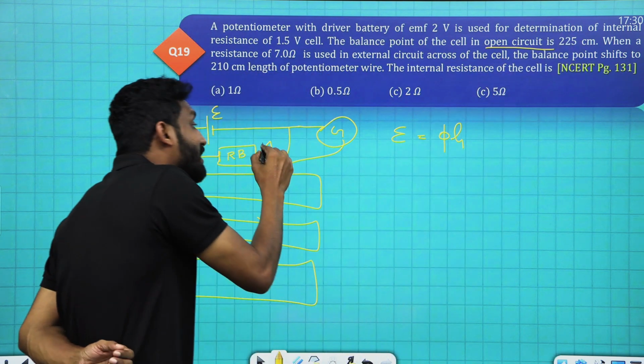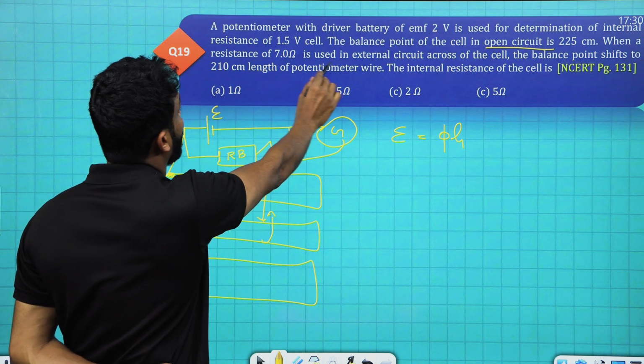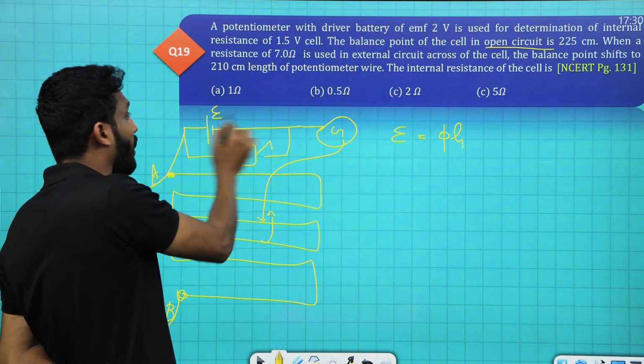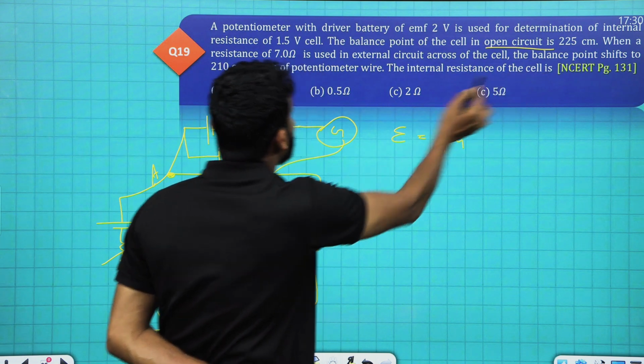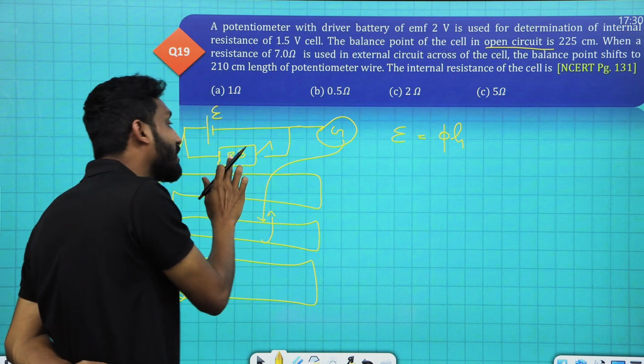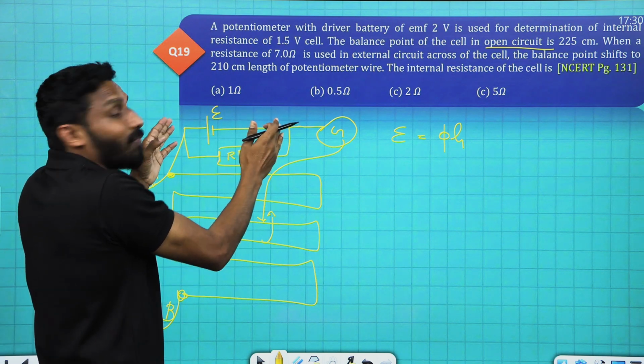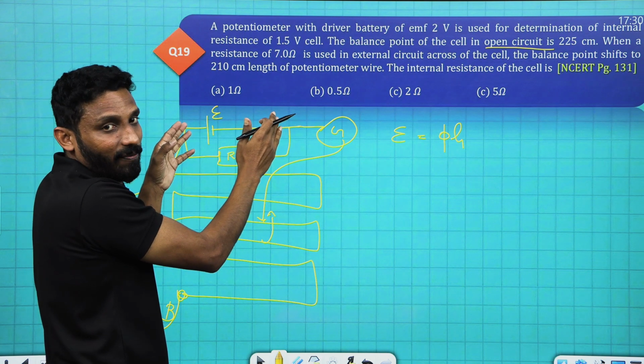Now, when this key is closed, a resistance of 7 ohm is used in the external circuit. The balancing point shifts to 210 centimeter. When this resistor is included, we have the potential difference across this point, not EMF.